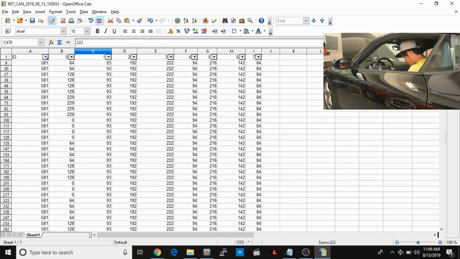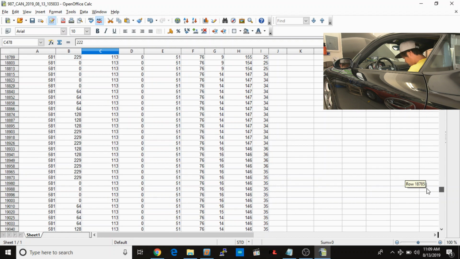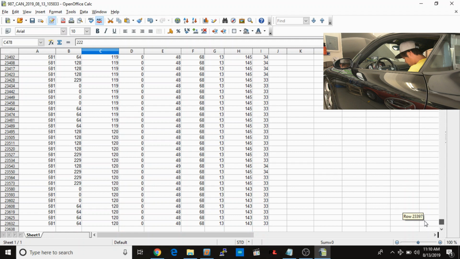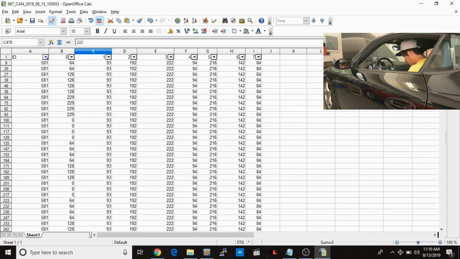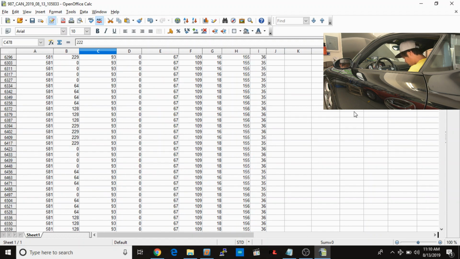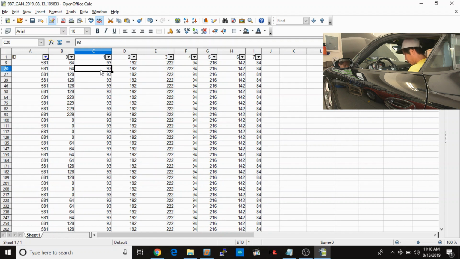581. Okay, there's interesting ones here. The first one that's interesting is position 1, because over the course of the entire log, position 1 is increasing.